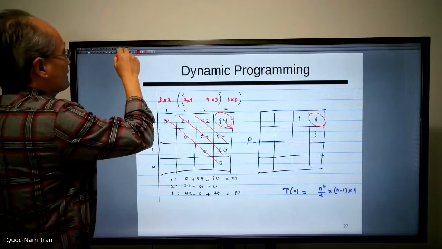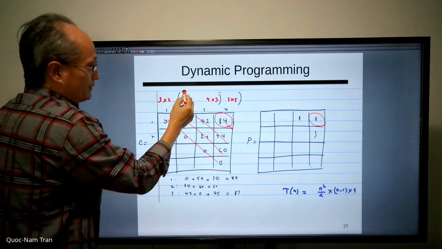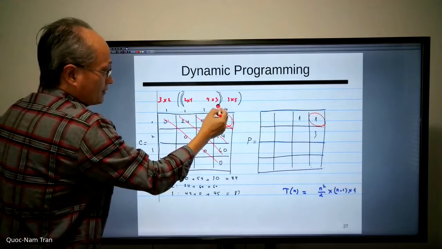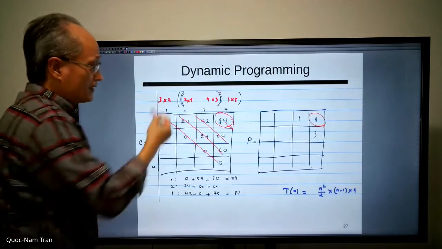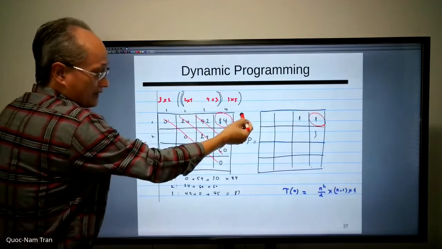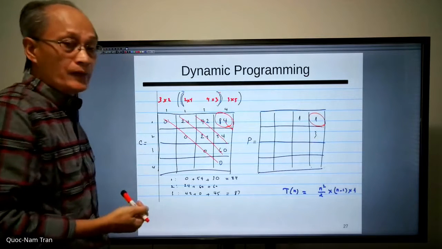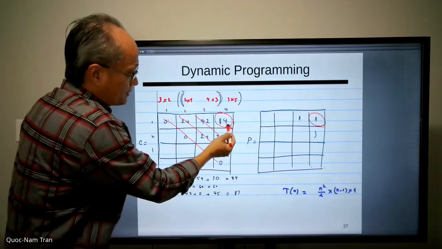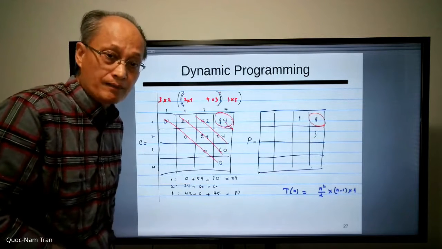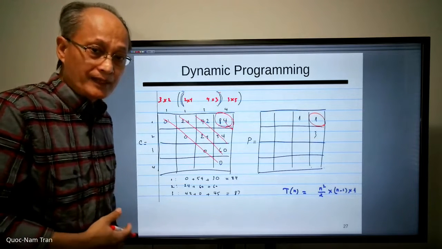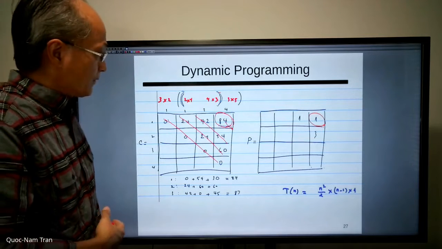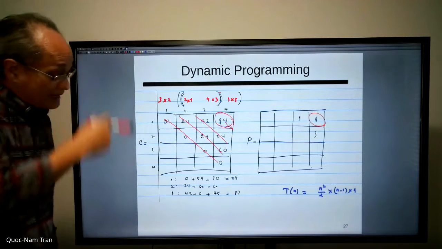So we will multiply these matrices first, and then multiply with the last, and then finally multiply with the first. Then we would have the smallest number of element multiplications. So that is what we did last time.